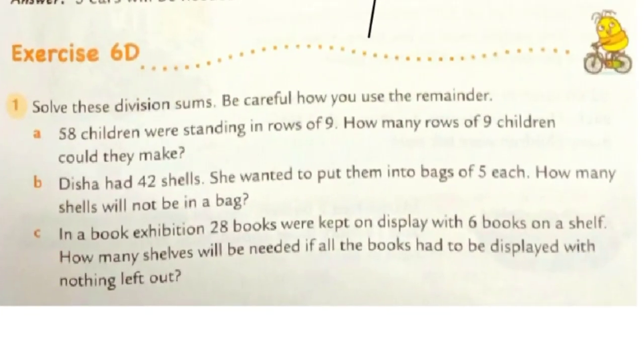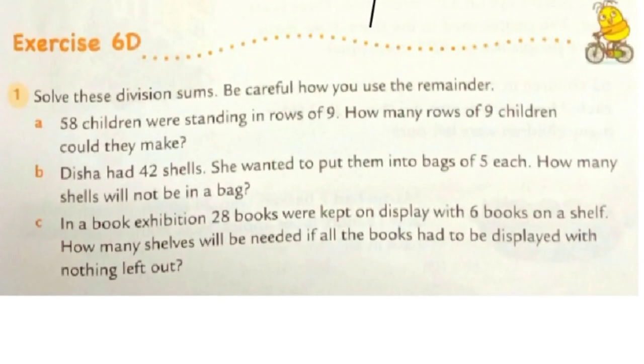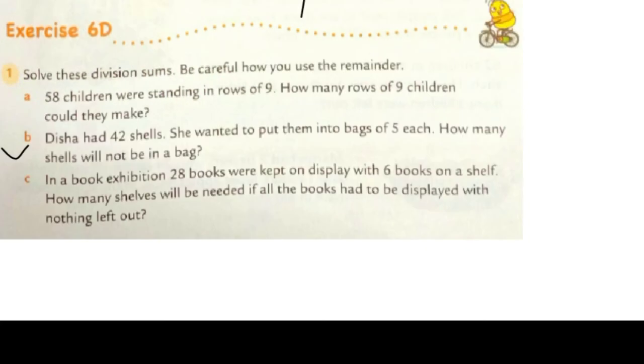So all these things we have to apply on the problem sums as well. Here some of the problem sums are given in exercise 6D. Let's see one example. Disha had 42 shells. She wanted to put them into bags of 5 each. How many shells will not be in a bag?